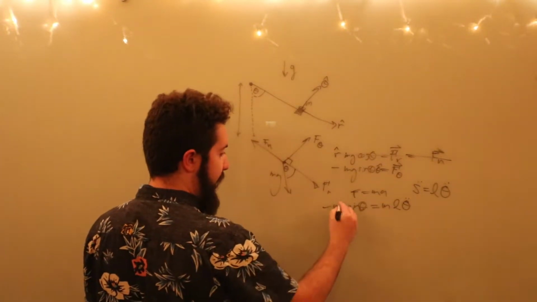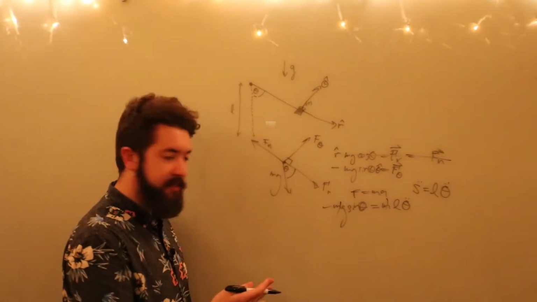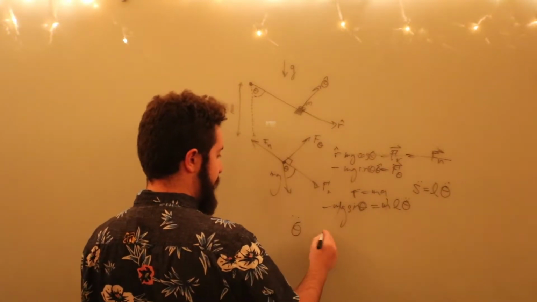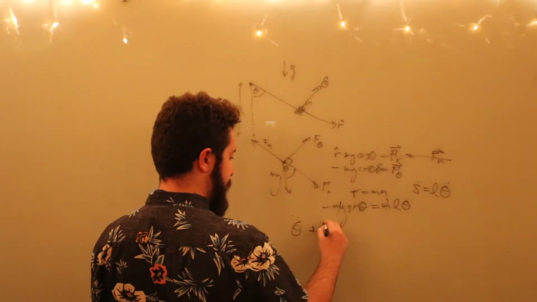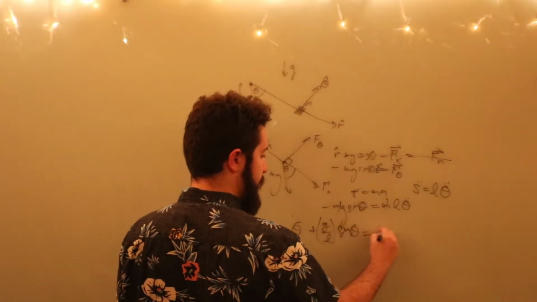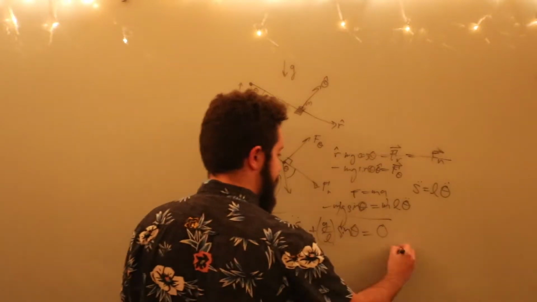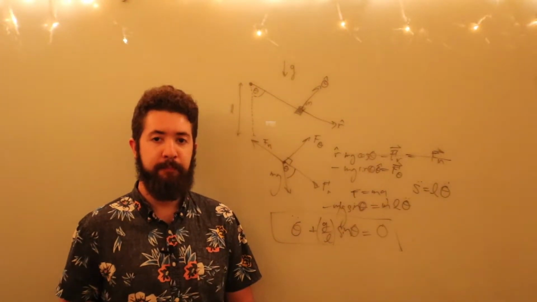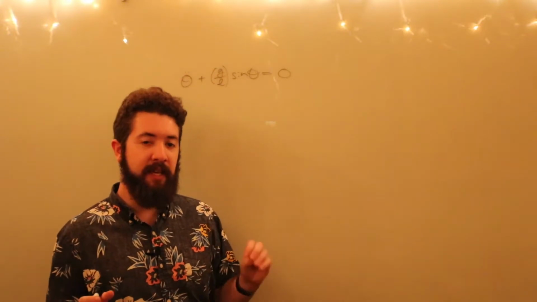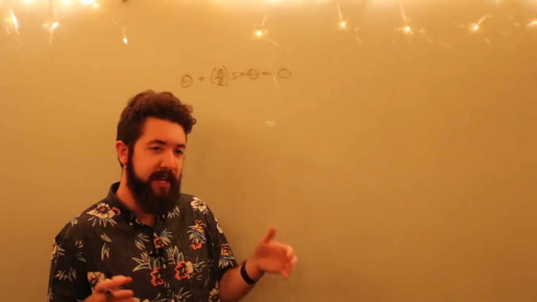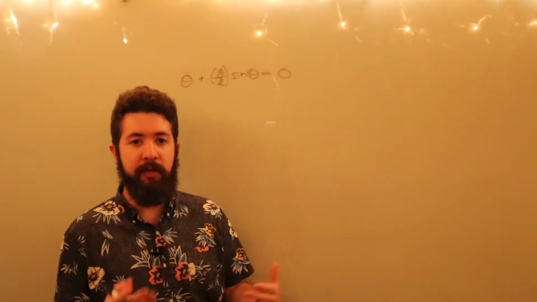Now, if we divide by m, which is non-zero, and then we can write on the same side theta double dot plus g over L times sine theta is equal to 0. This is our nonlinear pendulum equation. For the moment, let's think, can we linearize this? And what do we need to do in order to linearize? We need to look locally about some location.